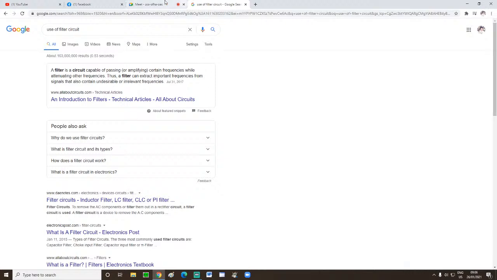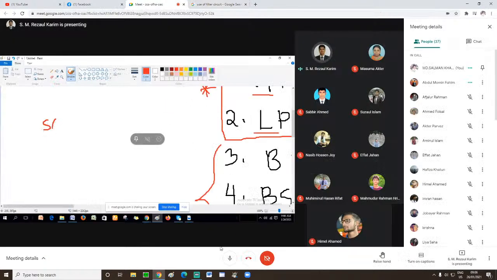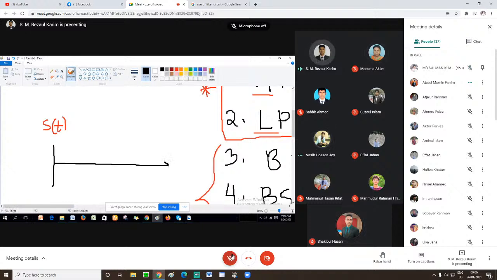Now I am drawing the s of t for your better understanding. S of t is just the name of a signal. Don't be confused. It can be m of t, g of t, y of t, x of t, anything. Let's draw a signal.